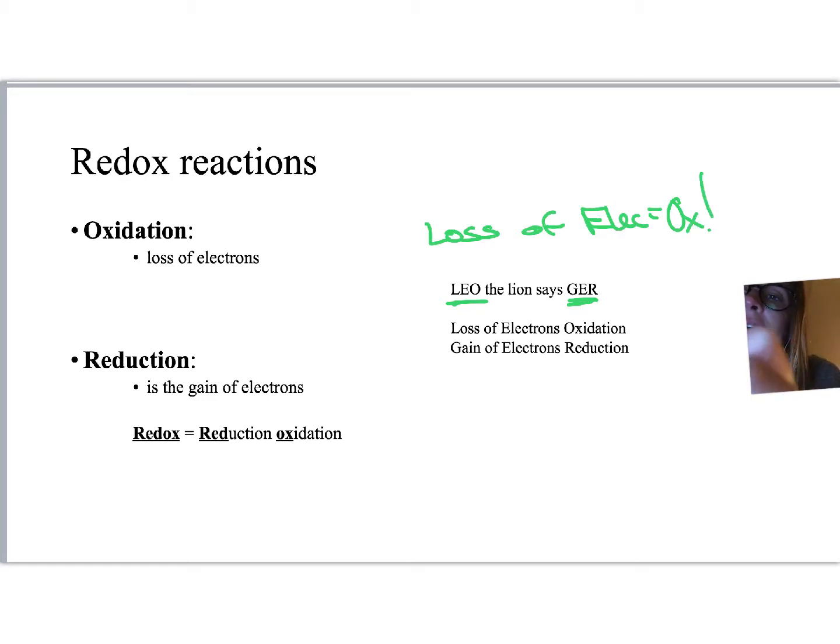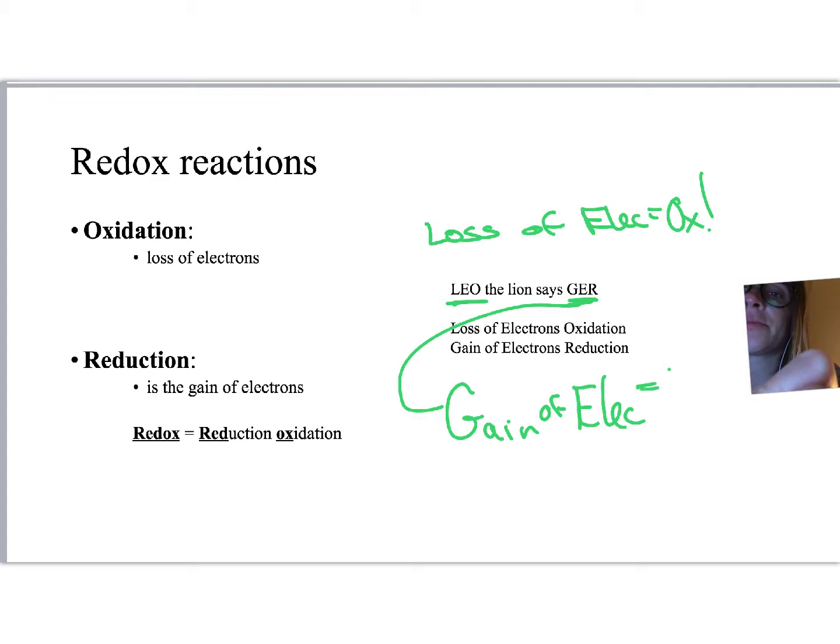So then that means that the gain of electrons is reduction, right? So G-E-R, L-E-O, Leo. So I hope that's helpful. It's a little tough to remember the directionality of the movement of the electrons, but great. Okay.